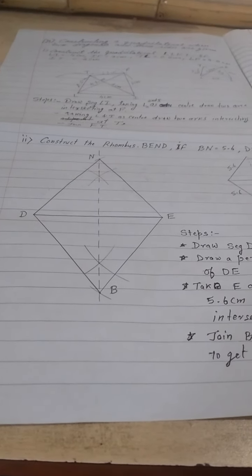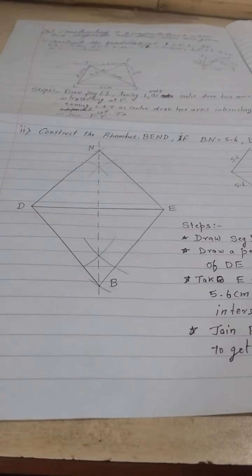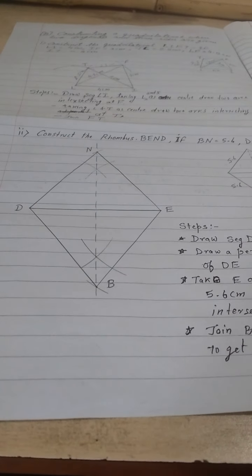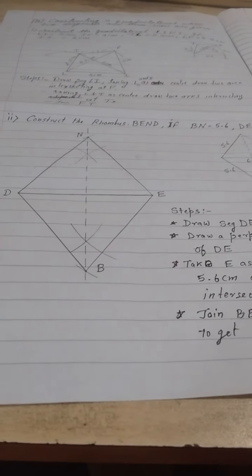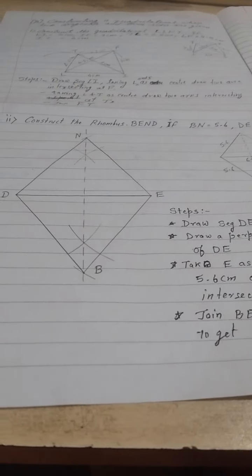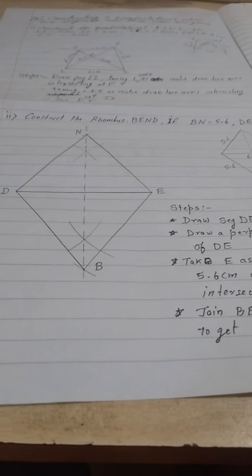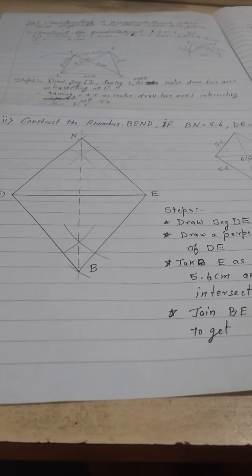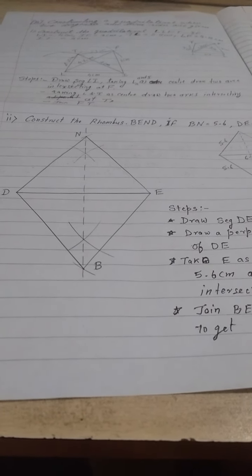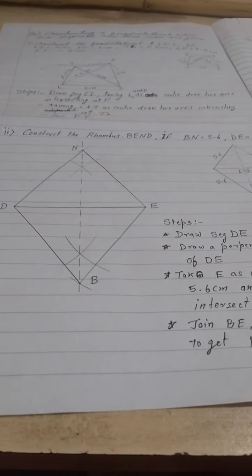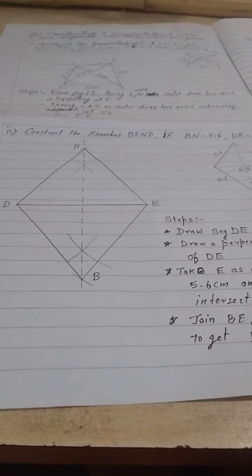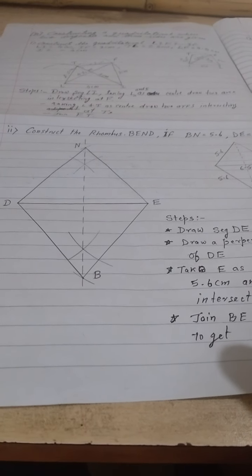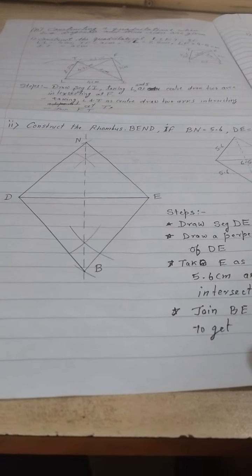Now taking E or D, any one point as the center, and radius equal to 5.6 centimeter, I will draw 2 arcs which will cut this perpendicular bisector above the line DE and below the line DE. After that we get the 2 points, B at the bottom and N at the top, above the DE line.